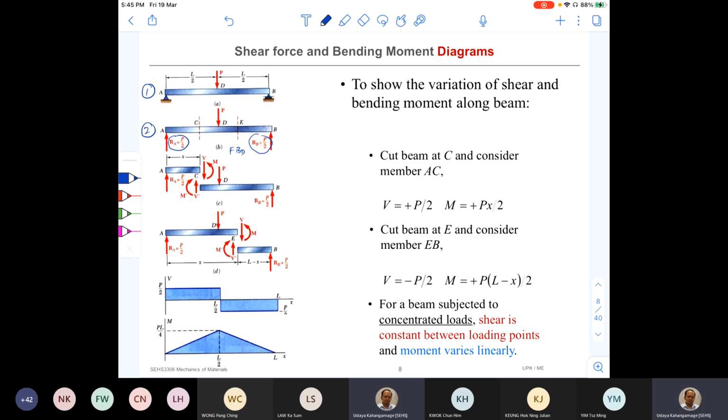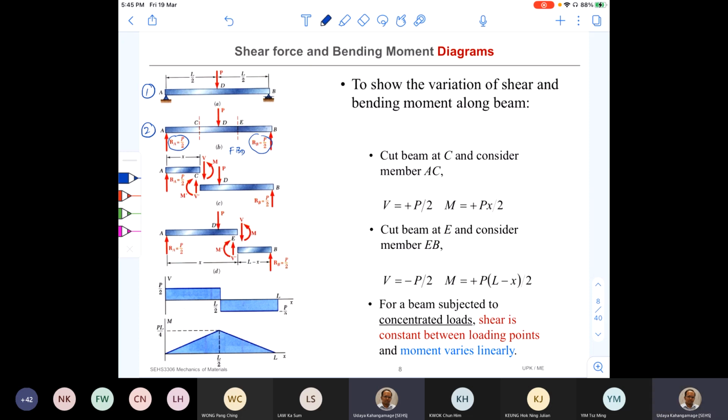Therefore, we expect the shear force and the bending moment to be continuous from A to D. We can define the variation of shear force and bending moment using one function. But at D, since a new load comes in, shear force and bending moment are going to change suddenly.